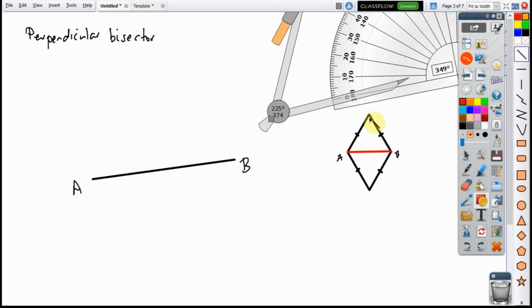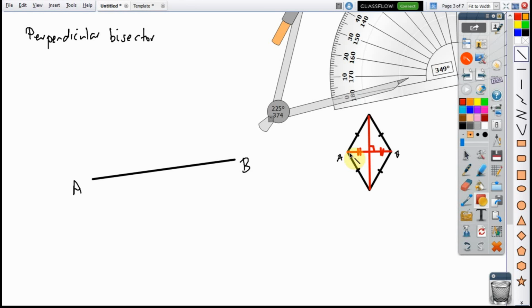And what we're trying to do is find this diagonal, because after all, this diagonal crosses at right angles, that's the perpendicular idea, and it bisects this line. So if this is AB, then perhaps we can produce a rhombus sitting in here such that we get this diagonal as our final answer.